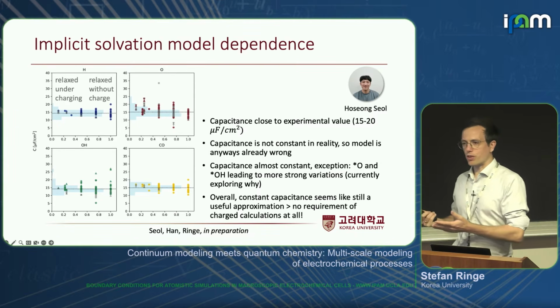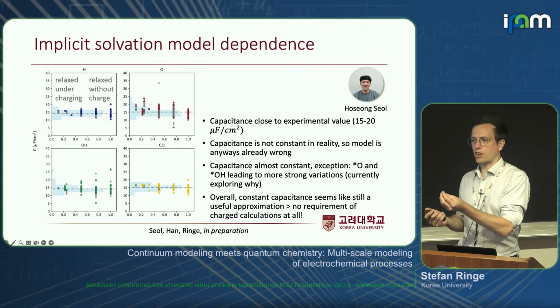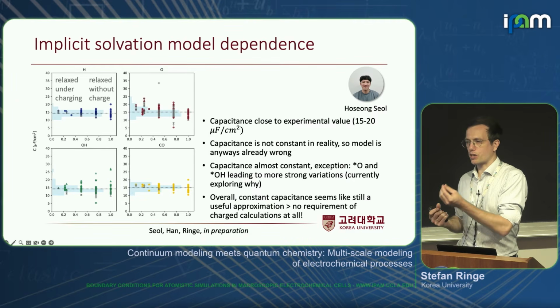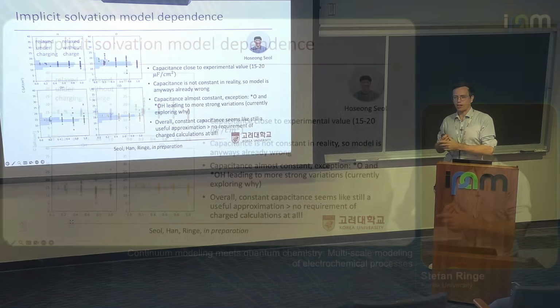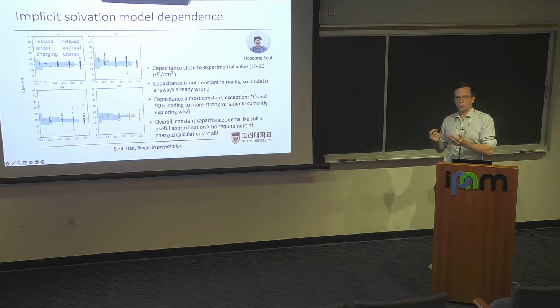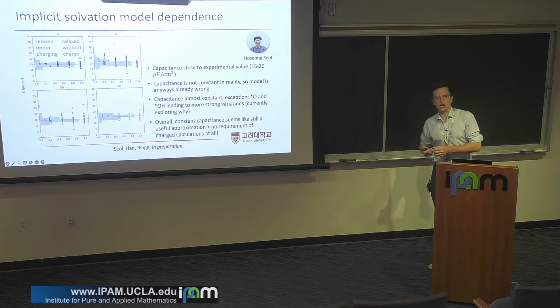Now, why is this important? If you do these calculations, you need to do charge calculations, which are really expensive because you need at least 3 calculations to fit this parabolic curve. So you would rather avoid it. But if the capacitance is constant, you don't need charge calculations.